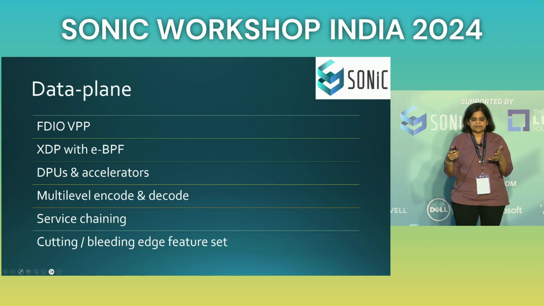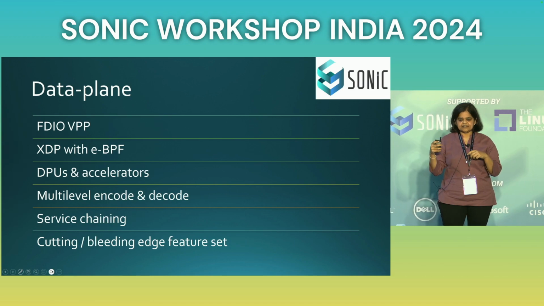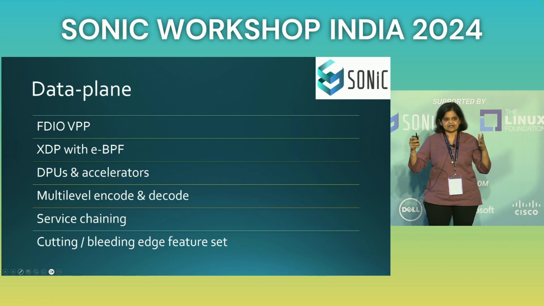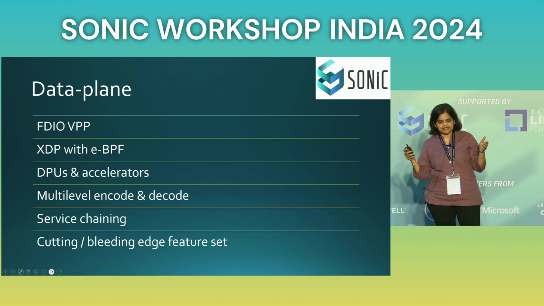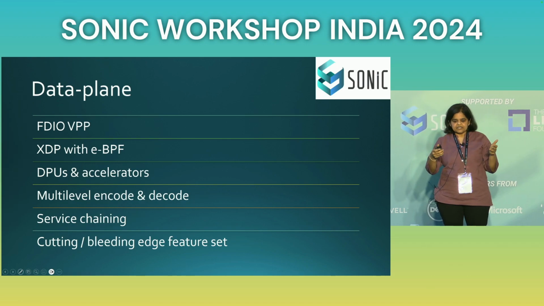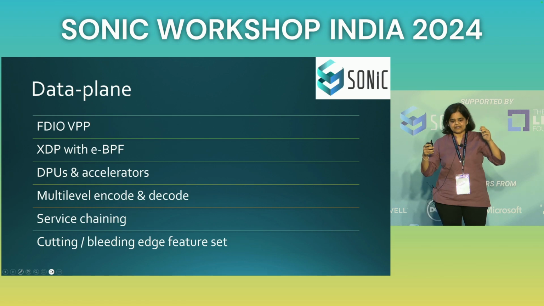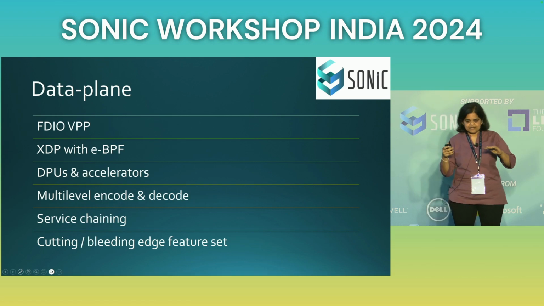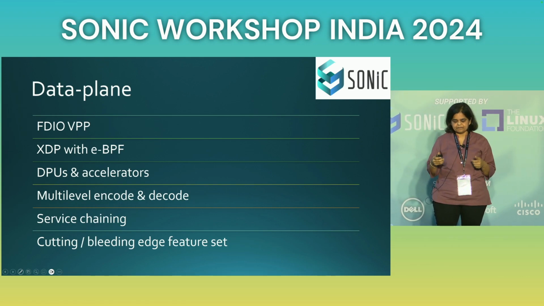FD.io VPP primarily because VPP helps with vector packet processing, and it uses DPDK, wherein it bypasses the kernel altogether, and that improves performance by a great deal. You can also go with XDP with eBPF, where with eBPF you can add some custom code in the kernel, and XDP can hook on to it, and it comes very early in the packet path. That as well helps improve performance.